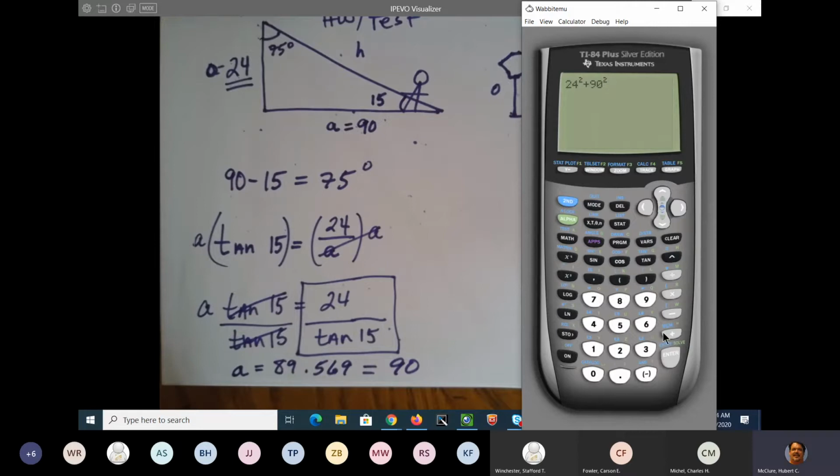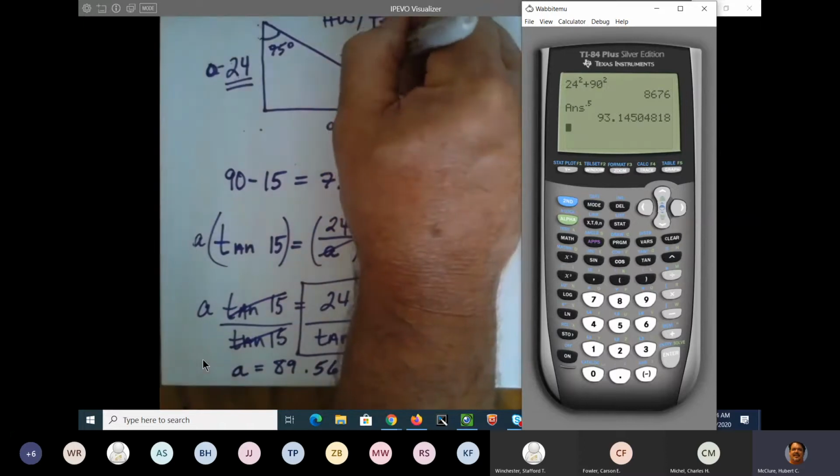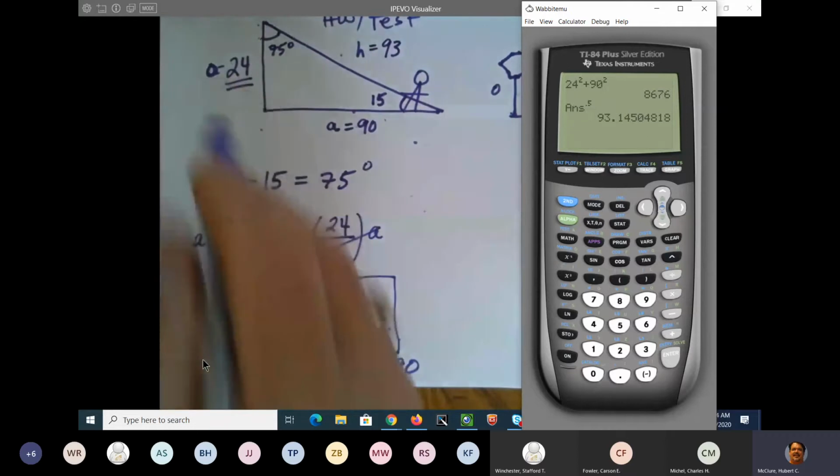And you could raise that parentheses to the 0.5 power. I'm going to raise that to the 0.5 power. 93.145, which is 93 feet. So the hypotenuse is 93 feet. And I just found everything on that triangle.